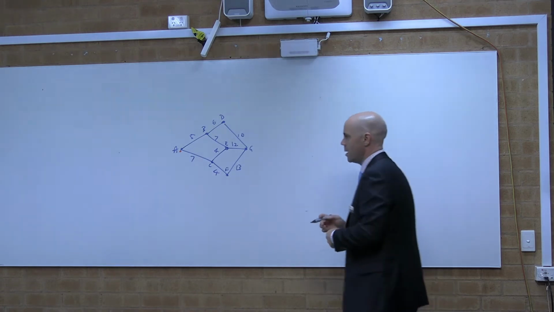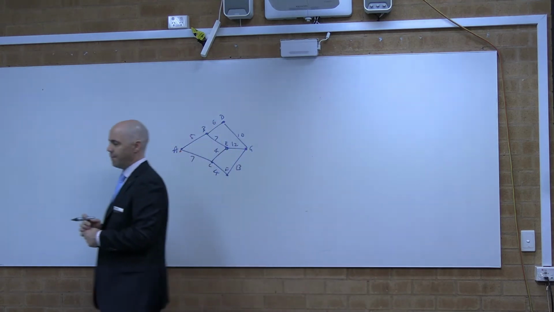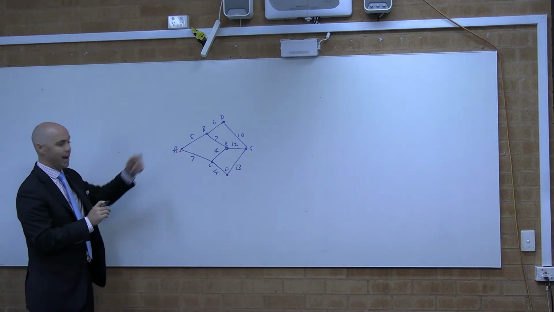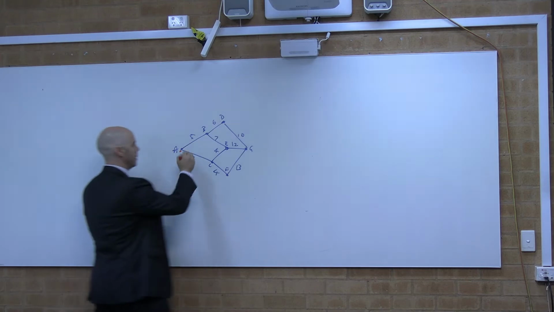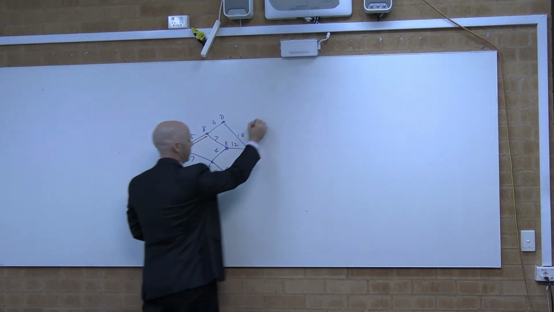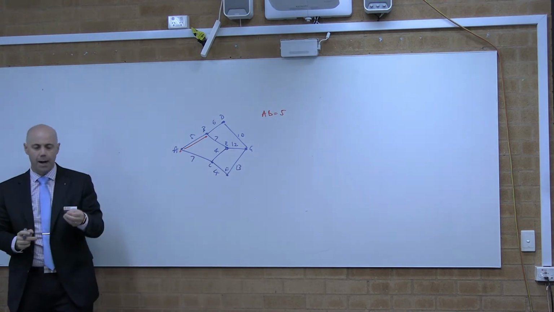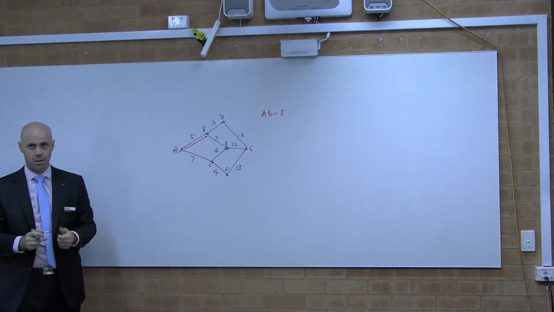What is the cheapest path to a vertex? And we make that choice. In this case, that is from A to B. That's the shortest path at the moment. So AB equals 5. That is the shortest path we've got from A to another vertex.